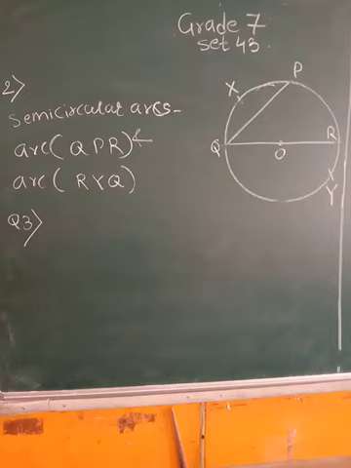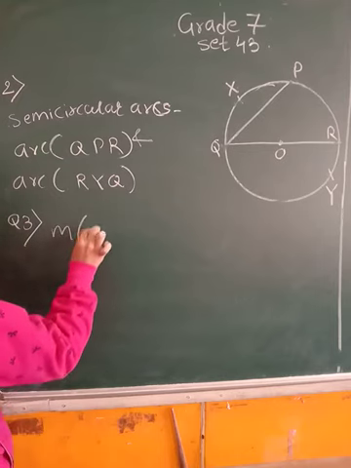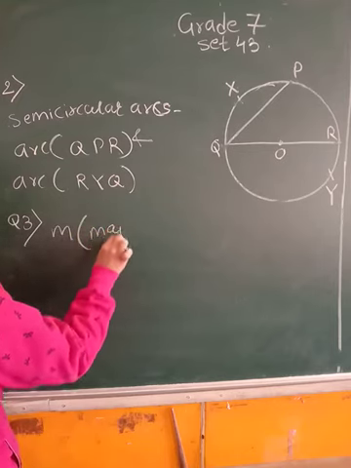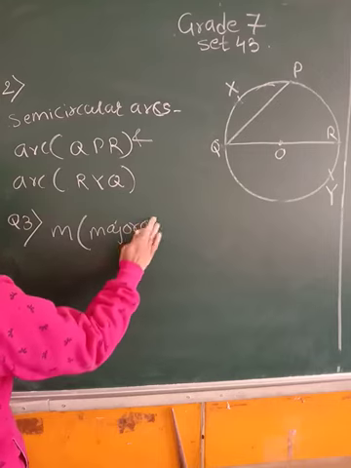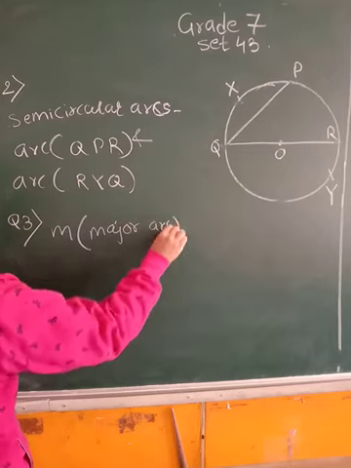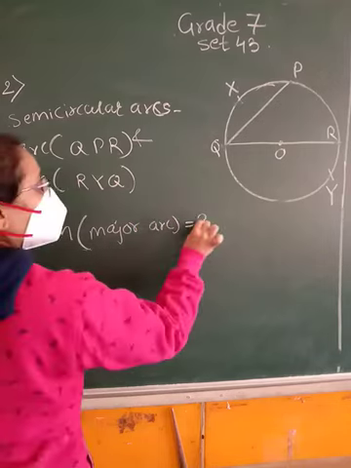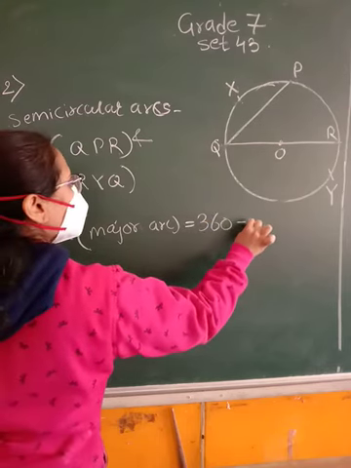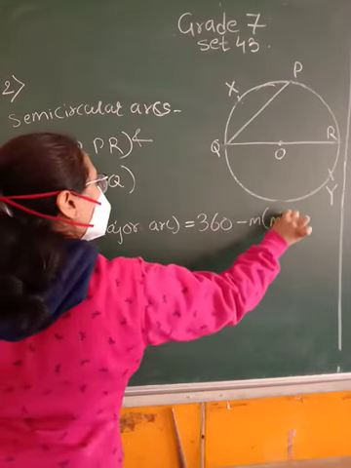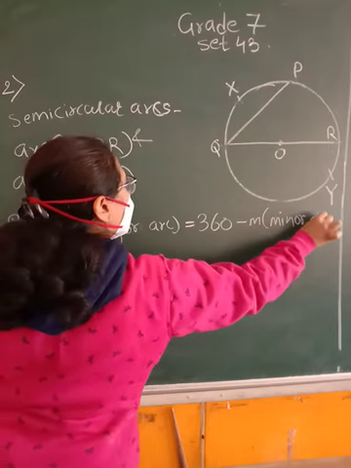Do we have time? Yes, we can do it. See students, remember one thing. Measure of major arc, yesterday we have seen this, is equal to 360 minus measure of minor arc.